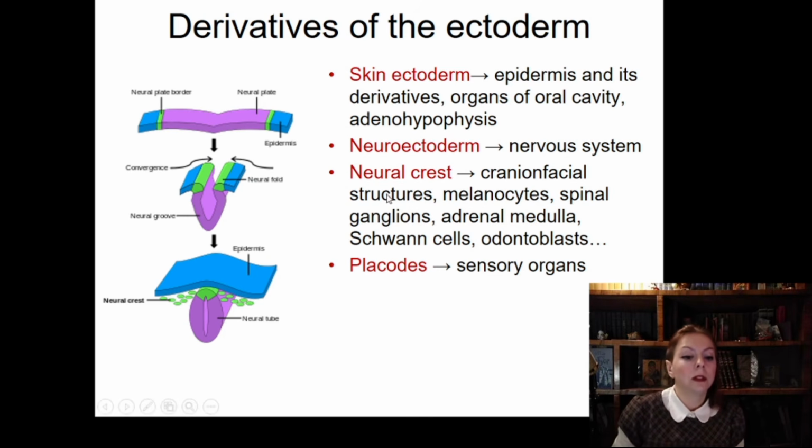So this is the population participating in the formation of almost all the organs. For example, in our heart, it regulates the septation, so multiple heart defects result from improper neural crest migration. And of course, it is important to mention that craniofacial structures like muscles, bones, and face development are due to the neural crest migration.